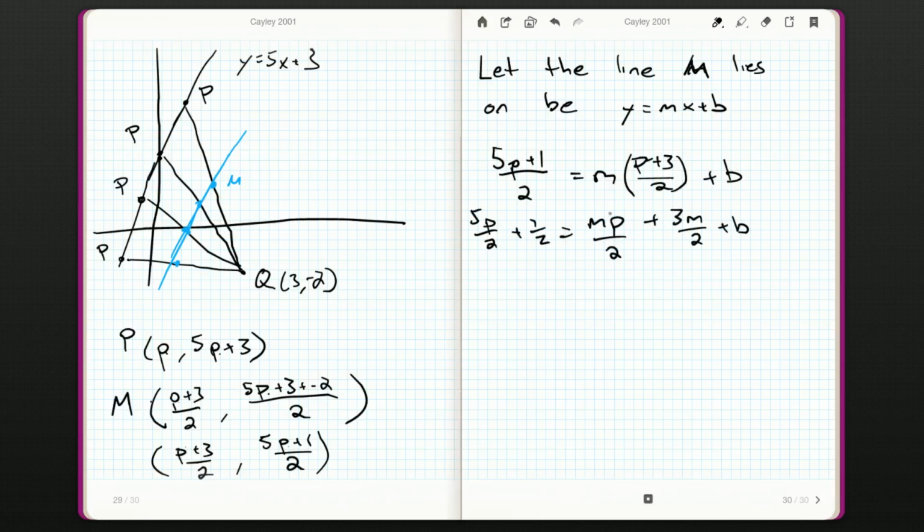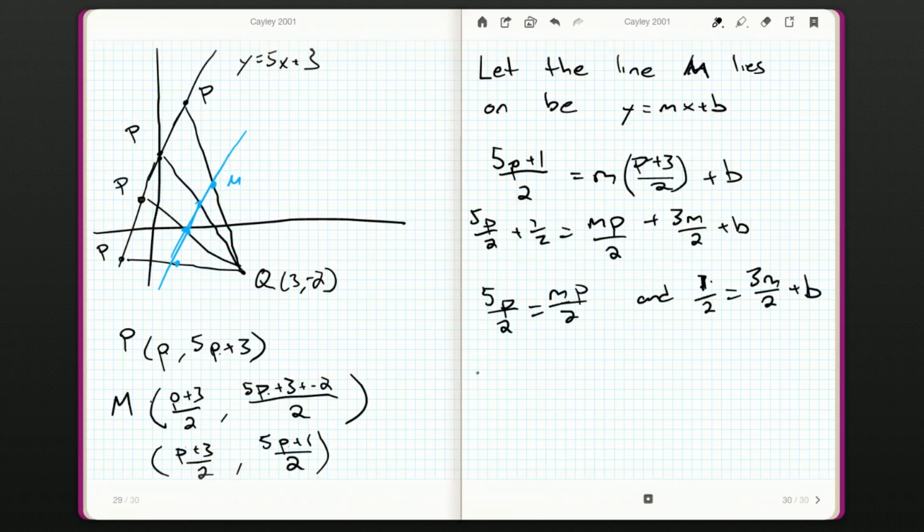Just like when we compare coefficients on a line or a quadratic, we can say that all the terms involving p have to be equal. So that means 5 halves p must be m halves p. And 1 half must be the same as 3 halves m plus b.